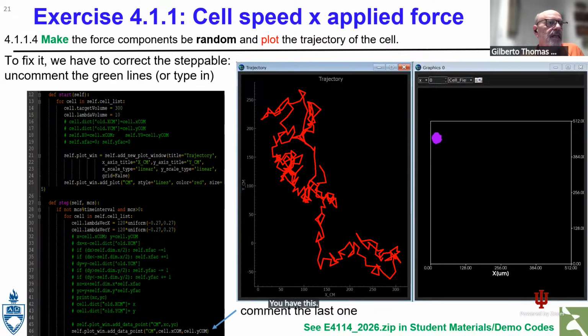No more spikes, and the plot is increasing accordingly with the trajectory of the cell, no matter how many times the cell crosses the boundaries of the lattice. So again, you have this in 4.1.1.4.